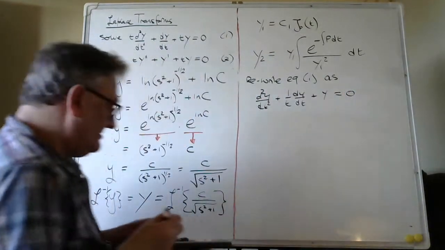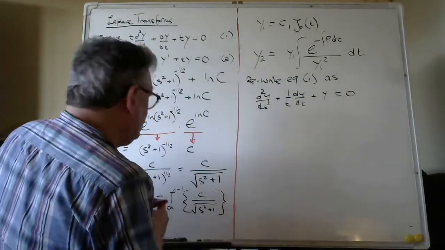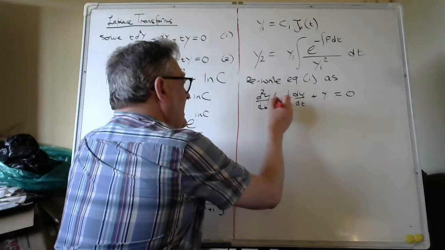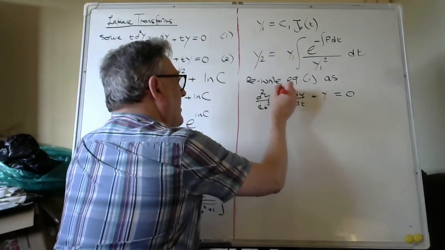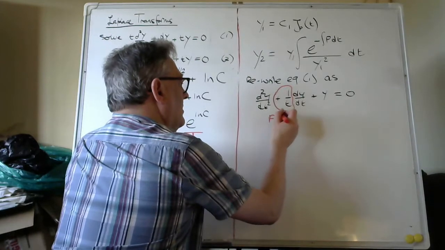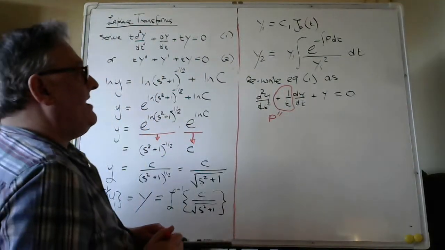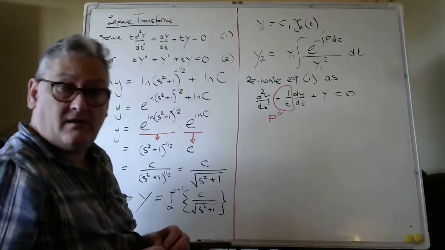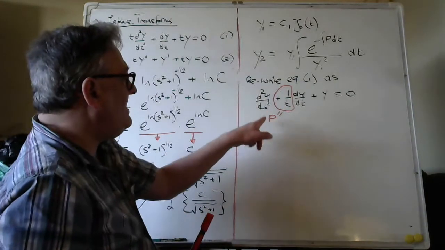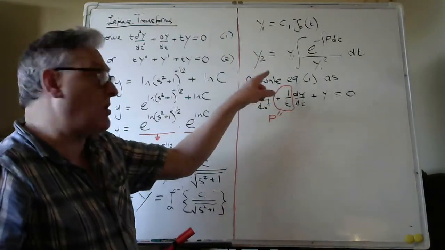Then it turns out, as you might recall from my previous videos, that p is equal to this term here, 1 over t. So p is equal to plus 1 over t.